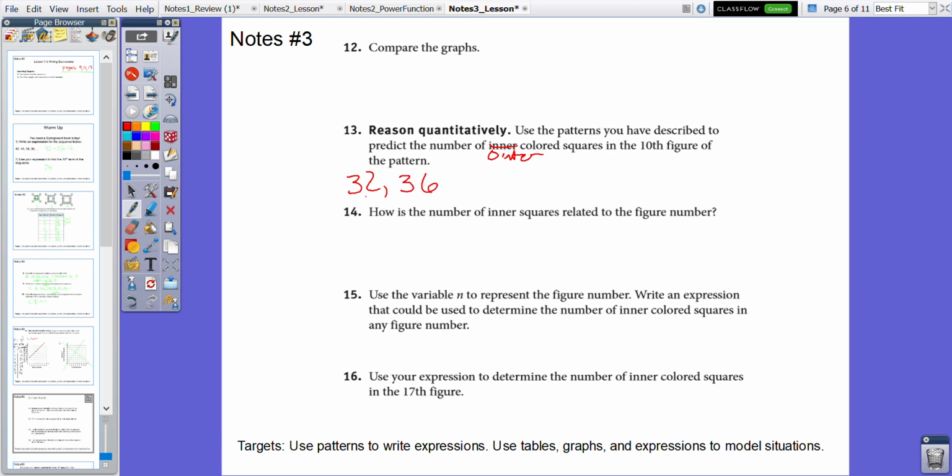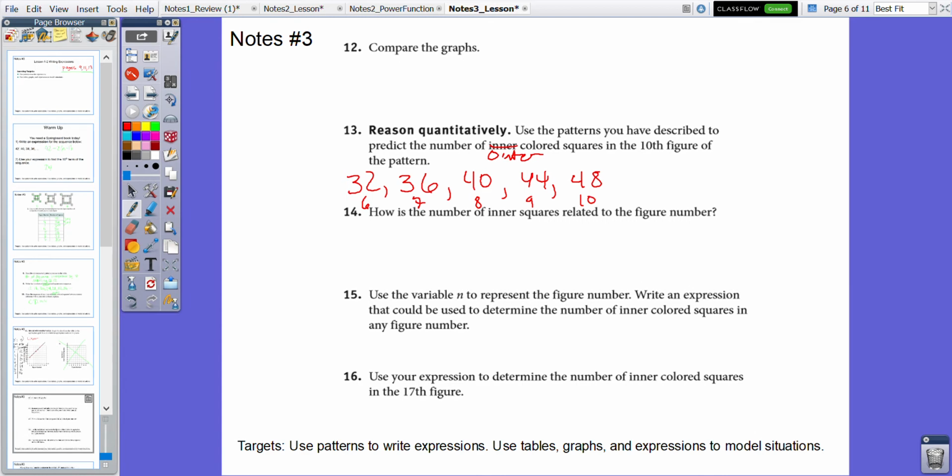Remember, that's the 6th figure and the 7th figure. If we were to keep going, the next one would be 40, that would be the 8th one, 44 would be the 9th one, and then 48 would be the 10th figure. That's how we would do that.